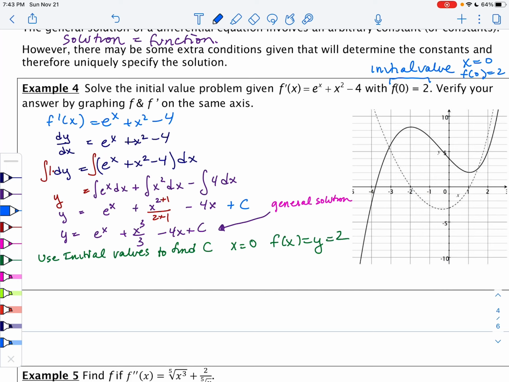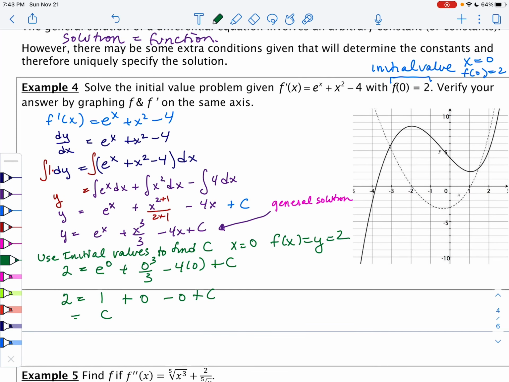So we get 2 equal to e to the 0 plus 0 cubed over 3 minus 4 times 0 plus c. We get 2, e to the 0 is 1. We get 0 minus 0 plus c. And I find here that solving for c, we get c equal to 1.